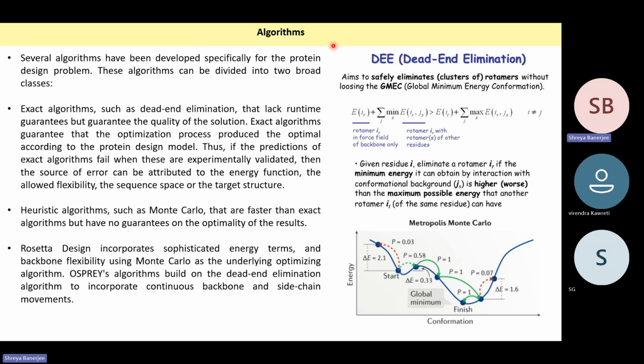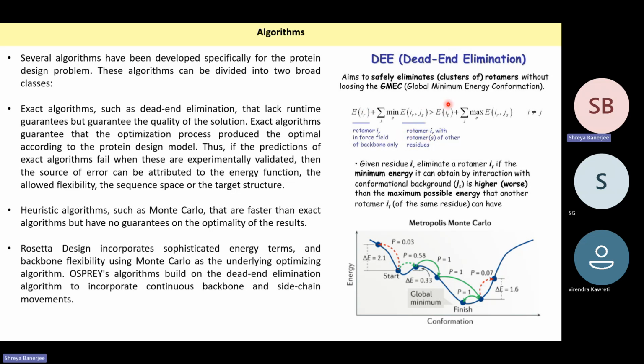There are certain algorithms called exact algorithms, like dead end elimination or DEE. So what this algorithm does is that, suppose there is a rotamer IR, it is checking the energy of the rotamer IR, and it is checking the inter-residue energy of IR with the other residues.